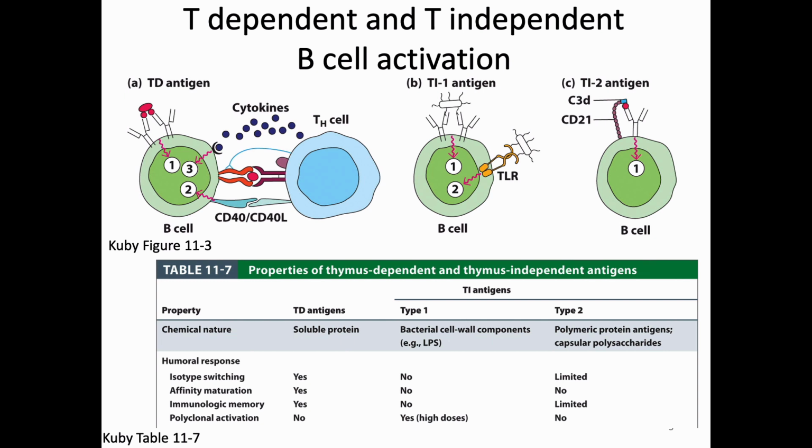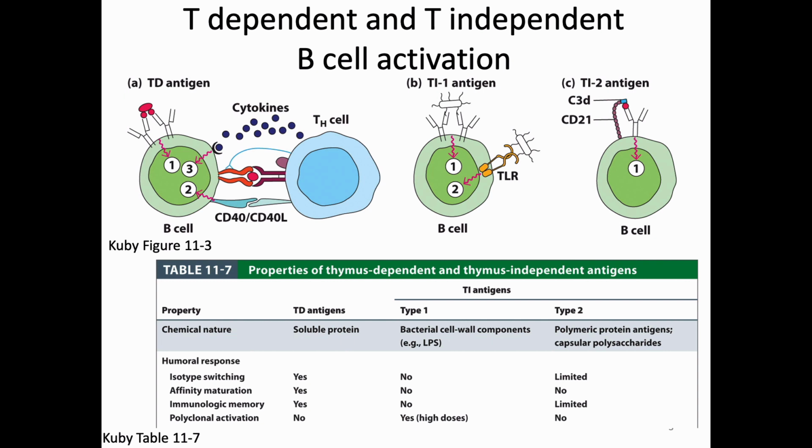This one is showing us a complement receptor. So you've got this complement receptor binding to complement that's bound to the antigen, and we're getting some signals through the complement receptor and through the B cell receptor. And so you can see this idea of either T-dependent or T-independent antigens. Pretty much everything I say, other than this slide, is going to be about a T-dependent response.